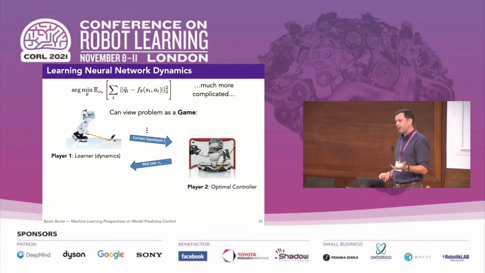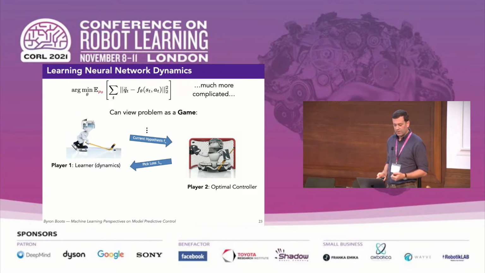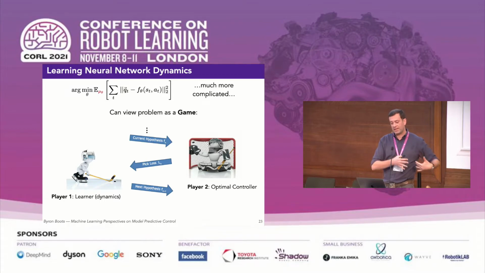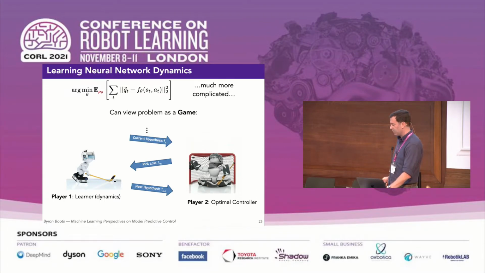The control system can be thought of as literally probing the model for exploitable errors. As it does this, it generates new data, which can be used to evaluate the accuracy of the learner. The learner takes the new data, updates its dynamics model to be more accurate, and then this process just repeats.